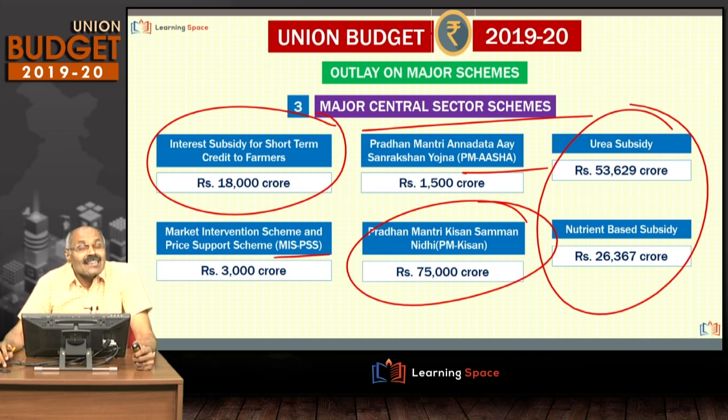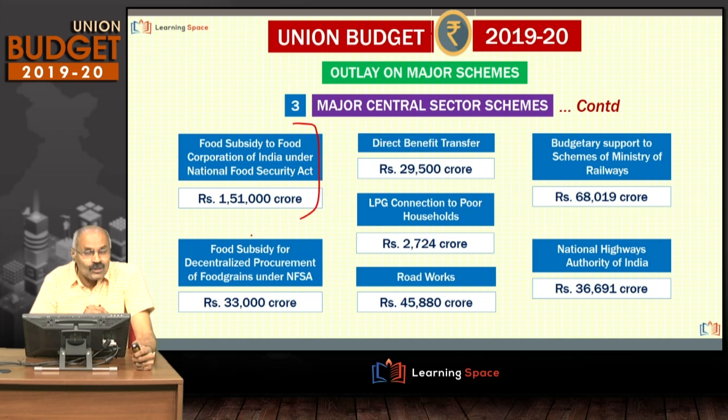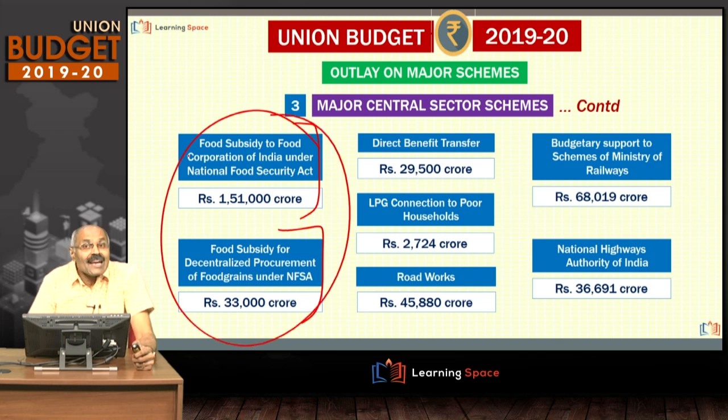That is direct income support to the bank accounts of the farmers. Like that, just have a glance at it. Food subsidy to Food Corporation of India and other procurements puts together 1,84,000 crores of rupees, right? Direct benefit transfer, LPG connection, this is Ujjwala, right?